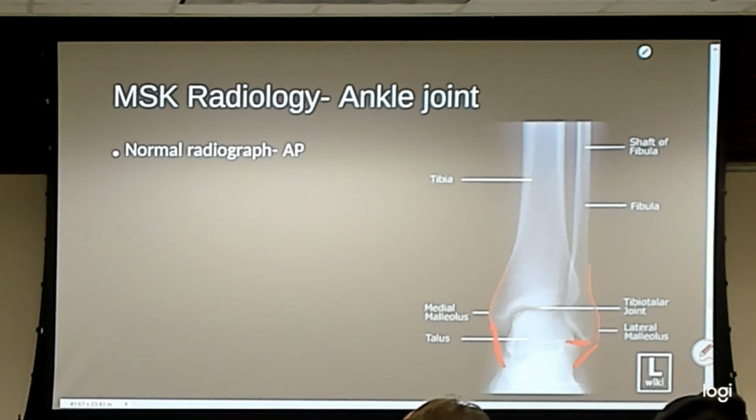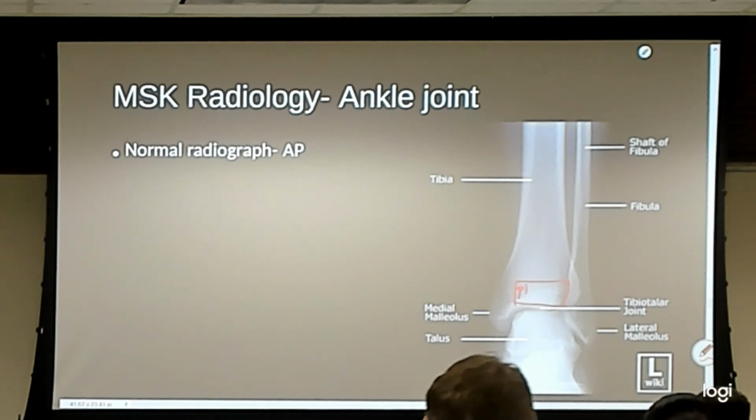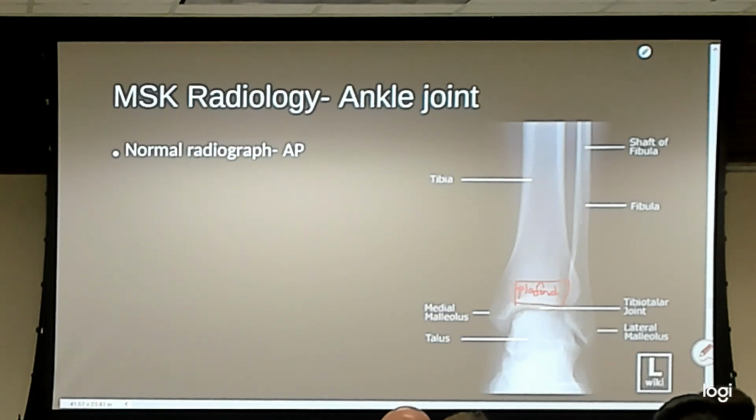Okay. Another word that I need to introduce to you at this point is one that we use most in pediatrics, but it's the opposite of a plateau. So this area right here is the plafond. So again, it's a big flat area, very similar to what we talked about with the tibial plateau.